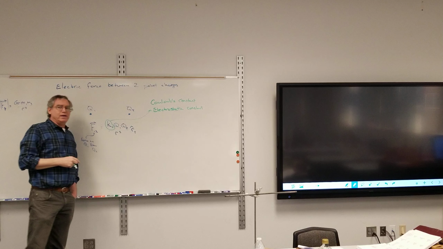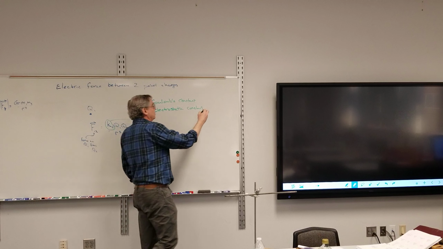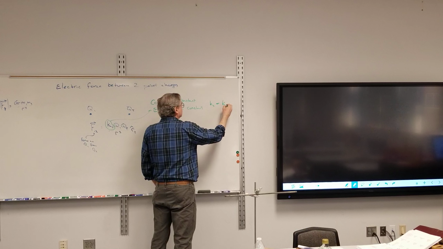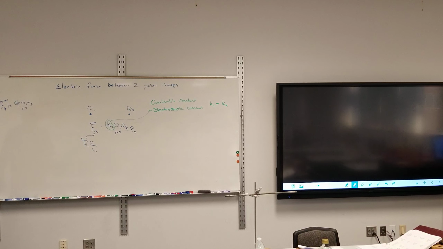So I will either write it as K sub C or K sub E. I haven't really settled on what I'm going to stick with for the rest of my life, so I'll flip back and forth. Just recognize that if I say K sub C or K sub E, I'm referring to the constant up front.